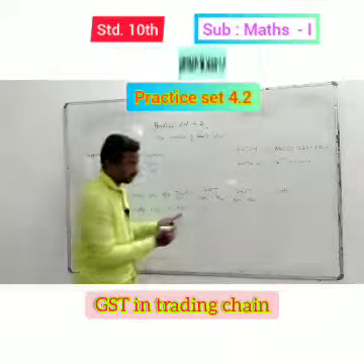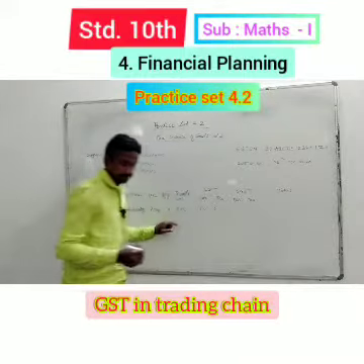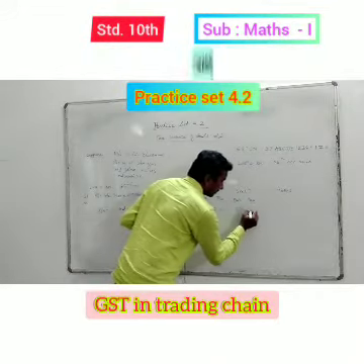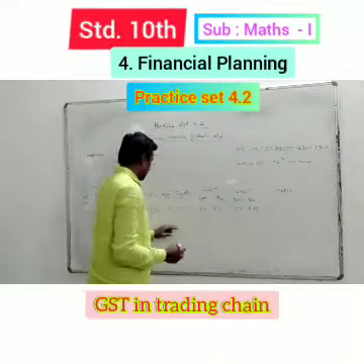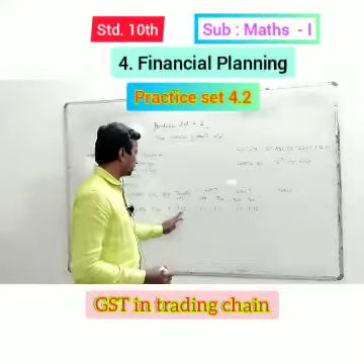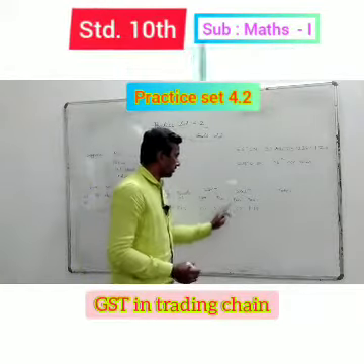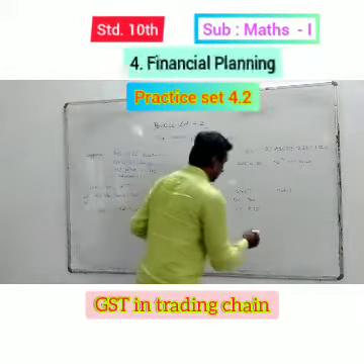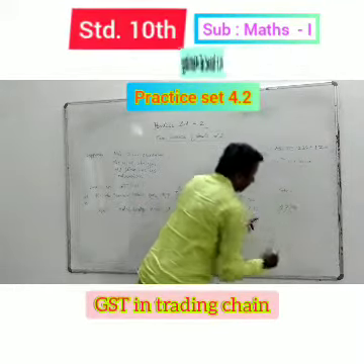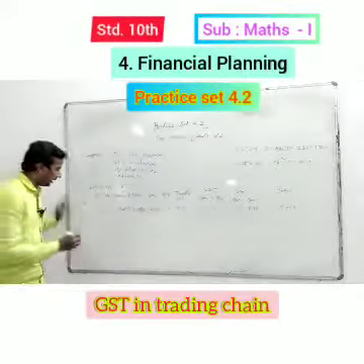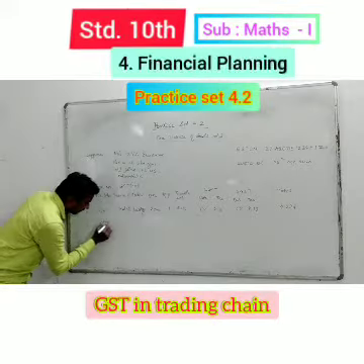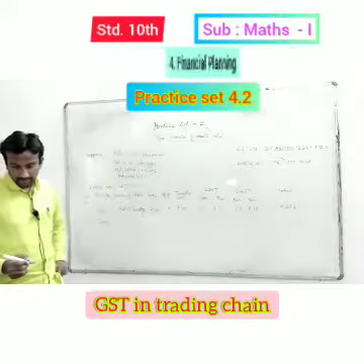Means tax is rupees 12. Rate of SGST is also 6%. Again it is rupees 12. Means total amount becomes, this is taxable amount rupees 200, CGST 12 rupees and SGST 12 rupees. Total 200 plus 12 plus 12 is rupees 224.